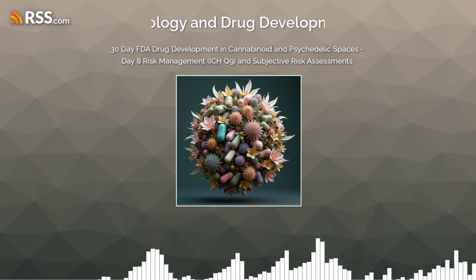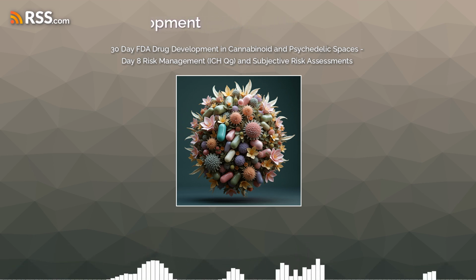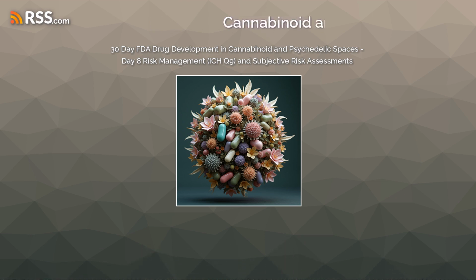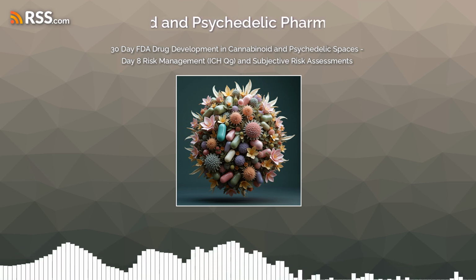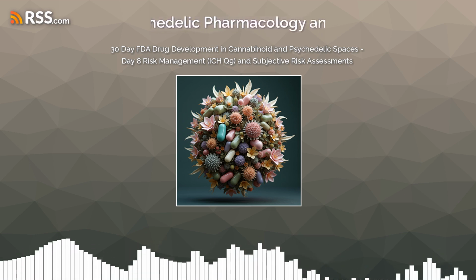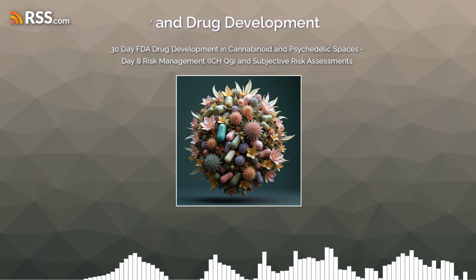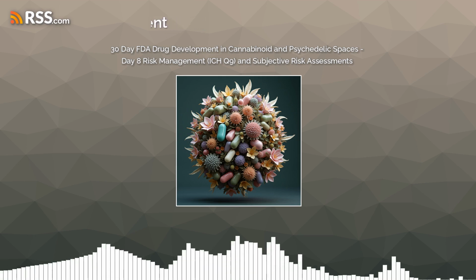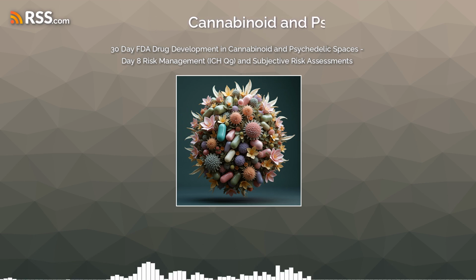Experts use their knowledge and their experience to assign severity scores and probability scores to potential risks. So even if something's really unlikely to happen, if it would be really bad, it would still get a high score. Exactly. And then those scores can be used to prioritize actions to mitigate the highest risks. So it's about focusing resources where they're going to have the biggest impact on safety and quality. Precisely.